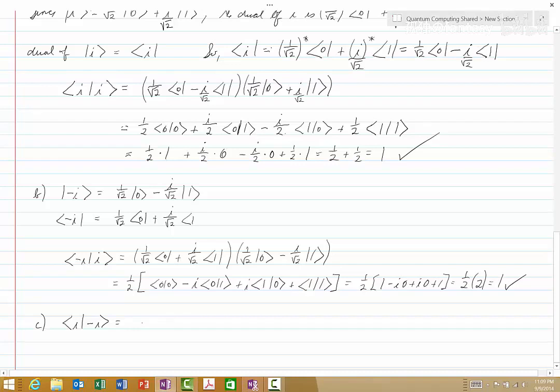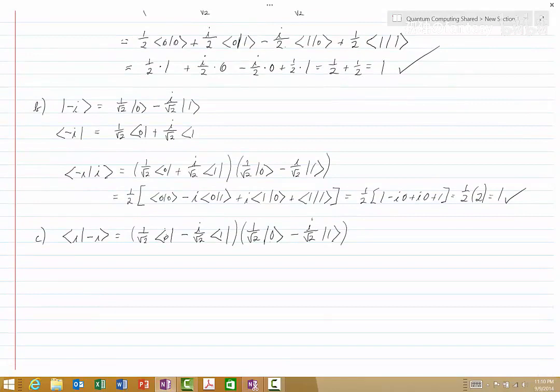The dual of i was equal to 1 over square root of 2, 0, minus i over square root of 2, 1. And minus i, the minus i ket, is 1 over square root of 2, 0, minus i over square root of 2, 1.